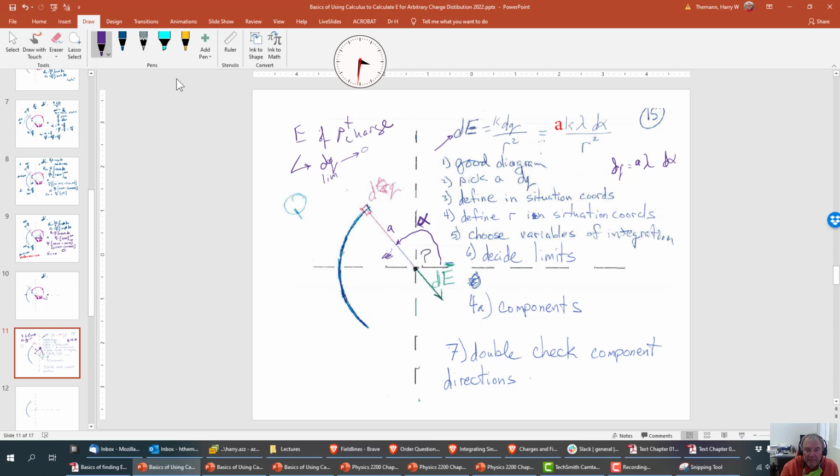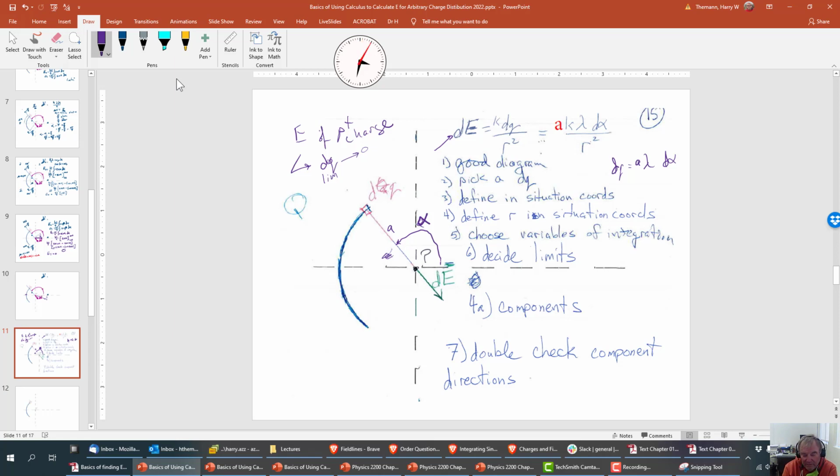And then the variables of integration, components, you might have to use components. I added that in later in this case. And so once you've defined dq, you may have to go back, because when you go to the variables of integration, you may say, oh crap, I have to redefine dq because I have to fit it in.